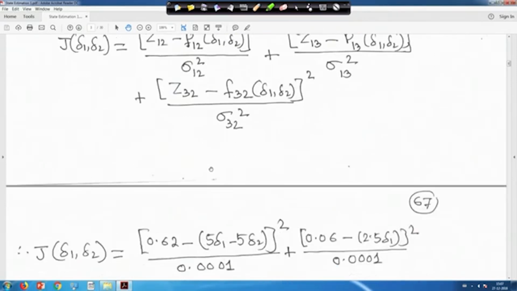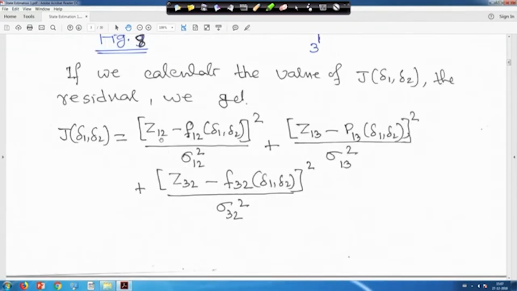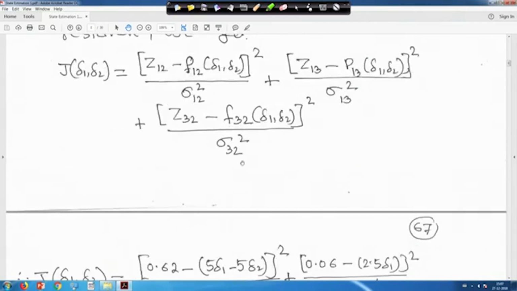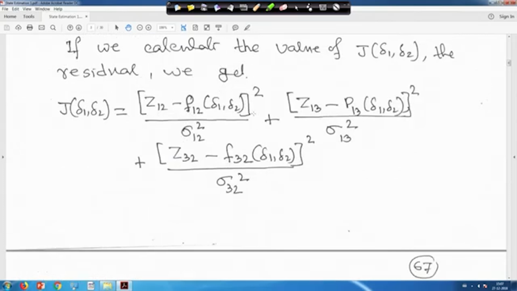When we compute this, the measured Z12 was given as 0.62. Hold on, this is P13, this is P12, and this should actually be P32, although they are all the same.